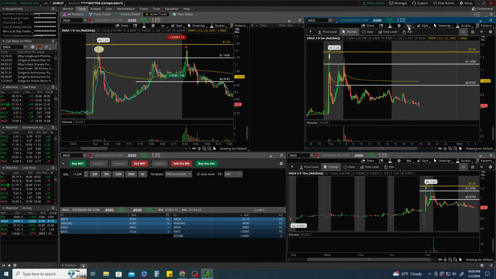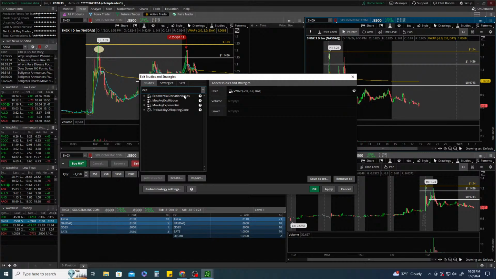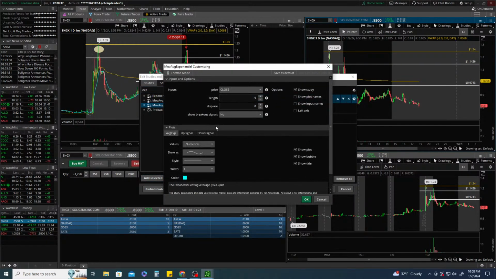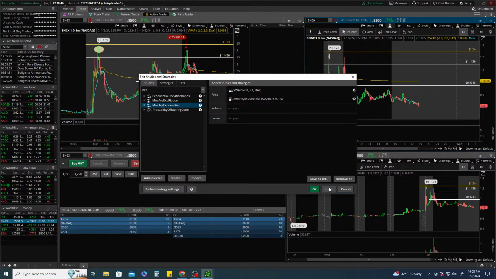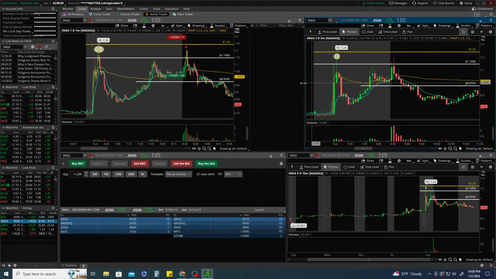See if it has the same. Let's see. Exponential average. Add this, and we're gonna just have to take these signals off. Just have that moving exponential, okay, and apply. I think this one's a little bit different. Yeah, it's a little bit different because these candles are a little bit different.